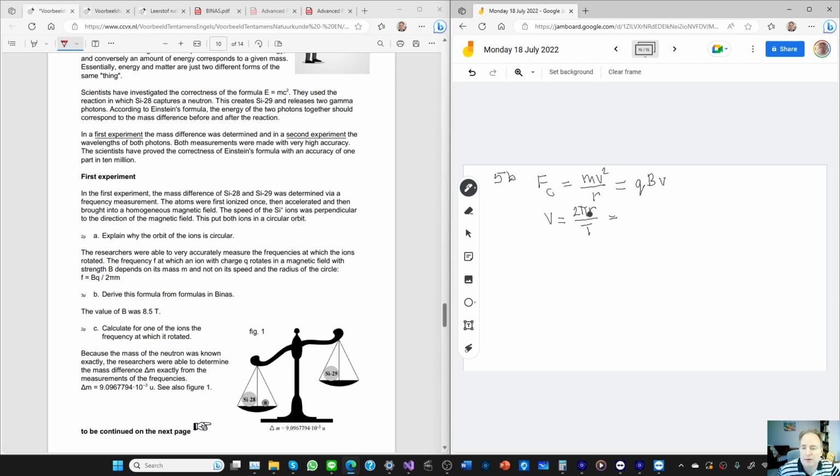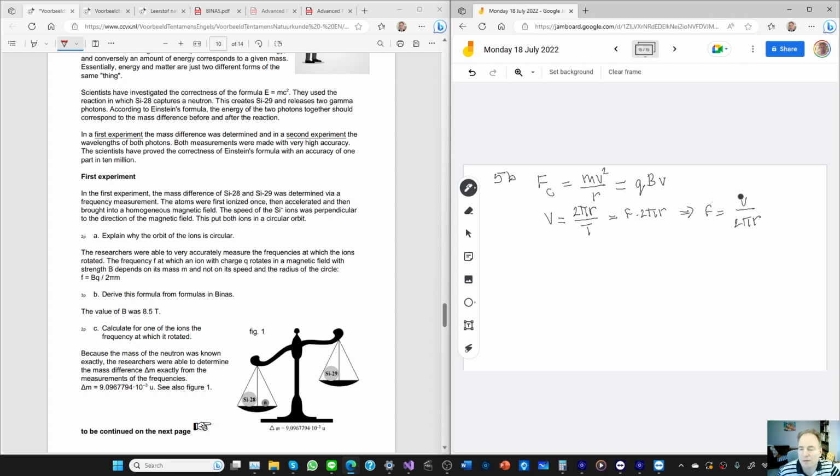And 1 over T is the frequency, so this is the frequency times 2 pi r. I guess this might actually be a formula that we can find in Binas, in the chapter about physics formulas. Okay, so from this we learn that the frequency is the speed divided by 2 pi r.